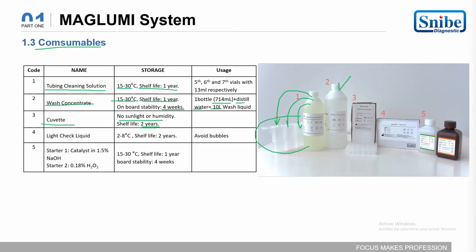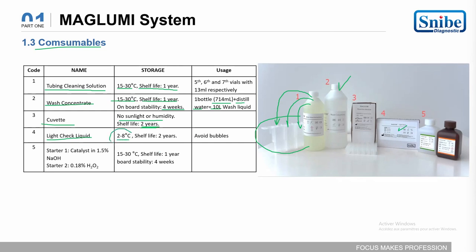So don't use the cuvette after 2 years, because some raw material included in the production of the cuvette may affect the results if it is used after 2 years. Then we have the light check liquid, which is used to check the performance of the analyzer.